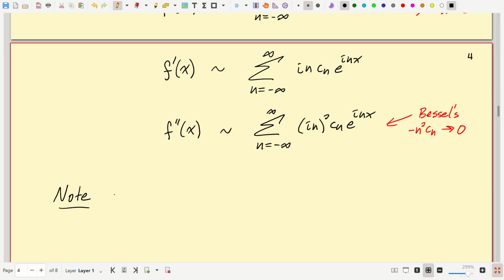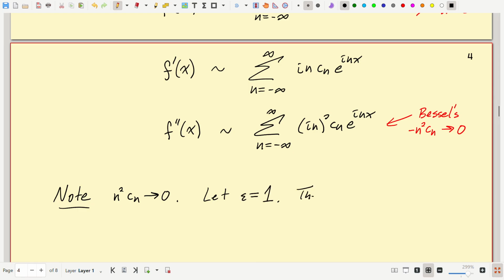If we know that n squared Cn goes to 0, then eventually it's less than something, less than 1. Then let's let epsilon equal 1.